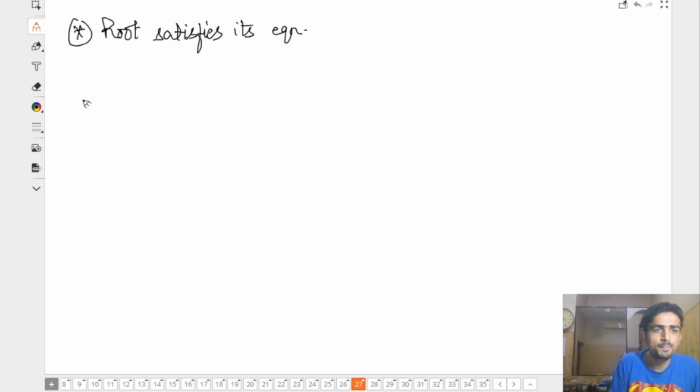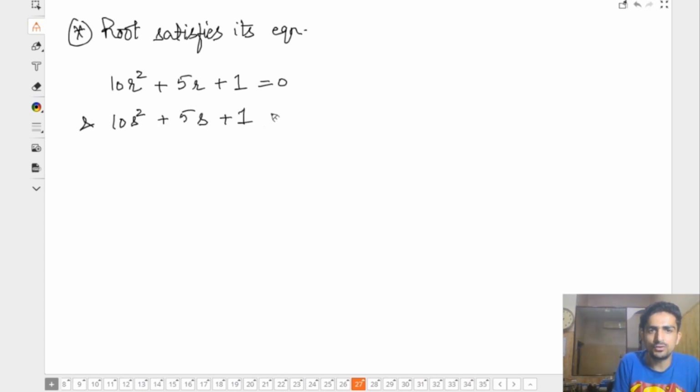Question says: 10r square plus 5r plus 1 is equal to 0 and 10s square plus 5s plus 1 is equal to 0. Then find value of r into s.